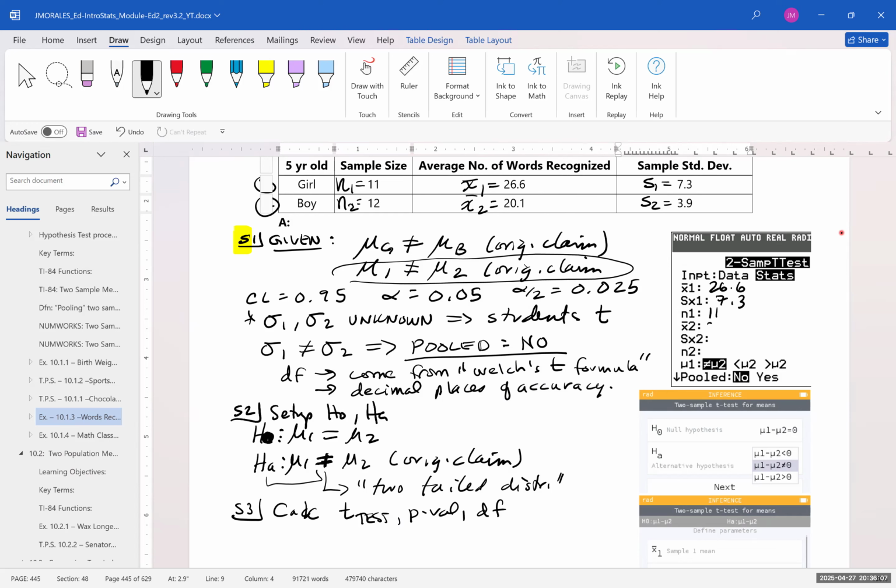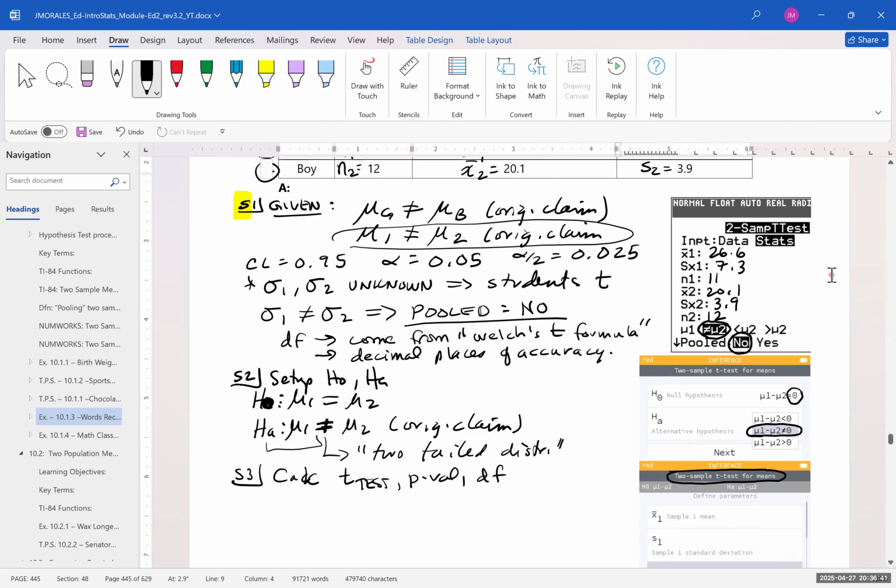X bar 2 is 20.1, S2 is 3.9, and N2 is 12. We're going to be using not equals, and pooled is going to be no this time. We're going to want to put 0 for the null value and not equal to. And this is where you make sure that you select a 2-sample mean t-test without the pooled.